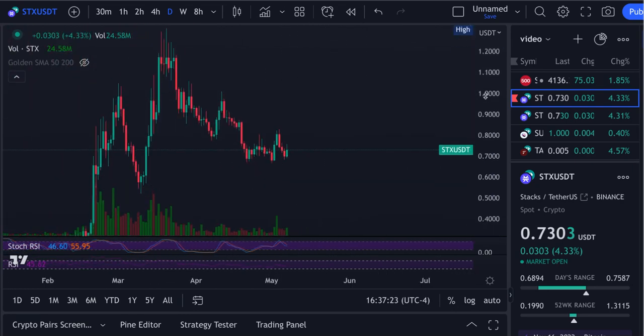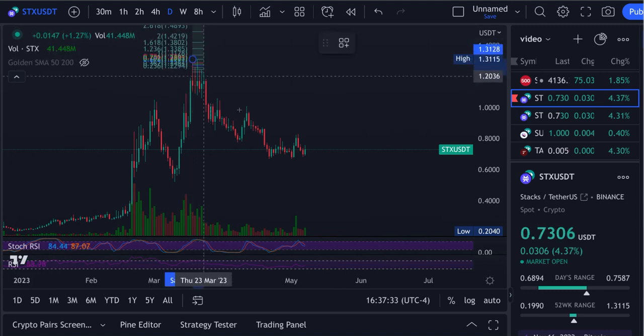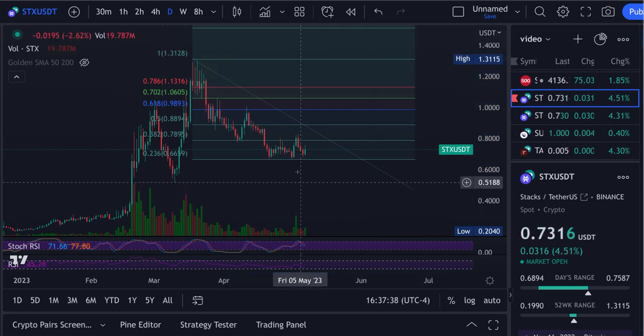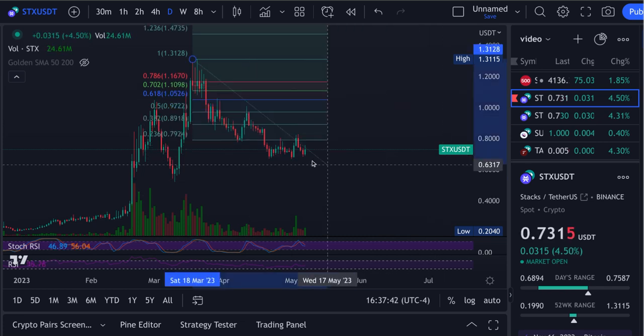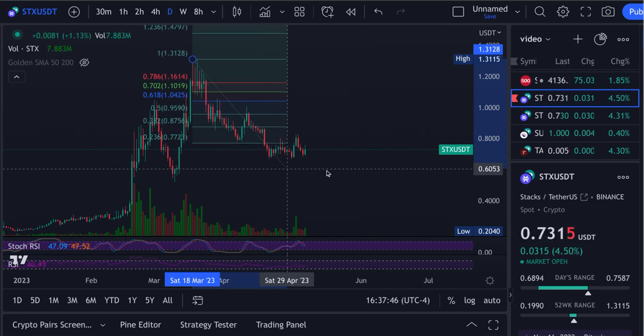There we go. We're going to go from this move right up here, the former high, the highest high out of this thing at $1.30. If we put a Fibonacci on this thing, we haven't got any move back up at all, really. That goes to the 618, but that's not even legit because it never even made it to the 618 on that price action.